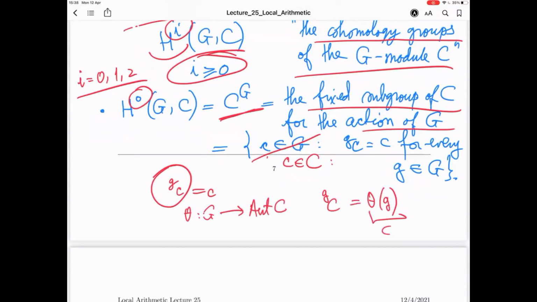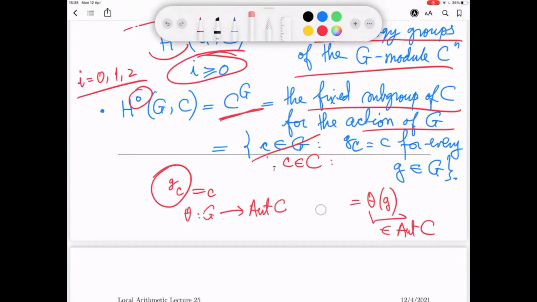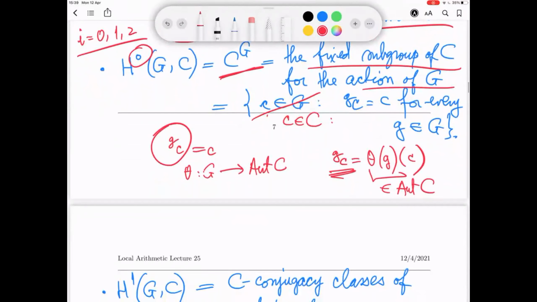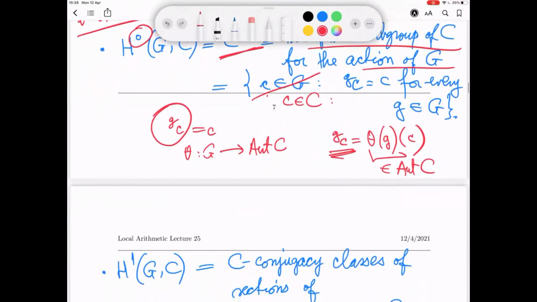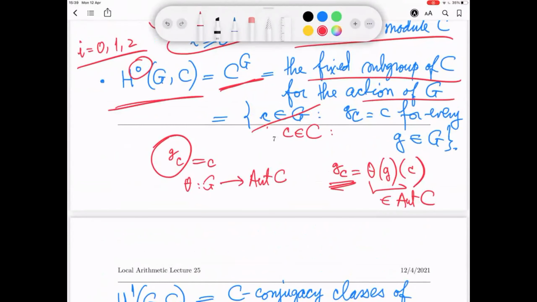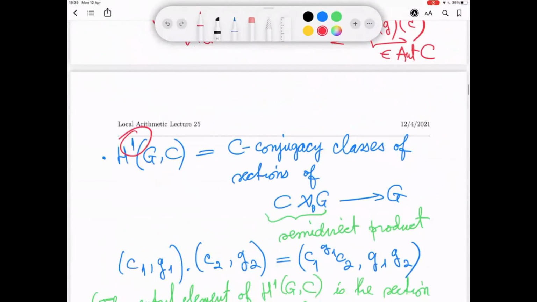Now this is an automorphism of capital C. Let me make clear that on the left here, I have little g in G, applied to little c. So I can evaluate it at little c, and that is the notation g.c. So that's what H^0 is.